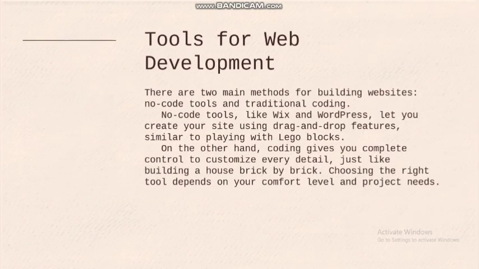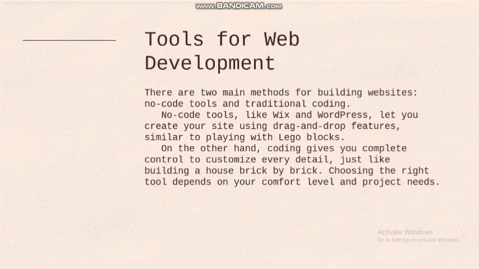Now, for web development, there are two main methods of building websites. We have the no-code tools and traditional coding. No-code tools like Wix and WordPress. We have a lot, but most of them are Wix and WordPress.